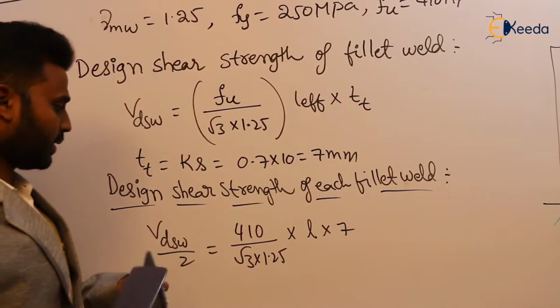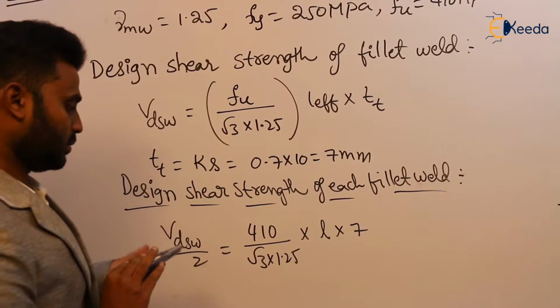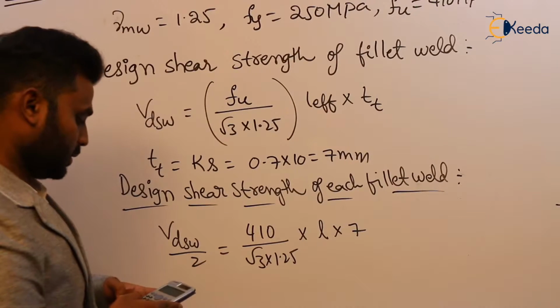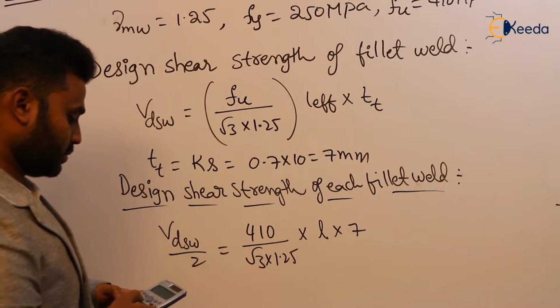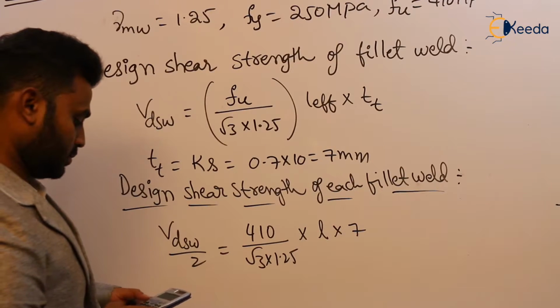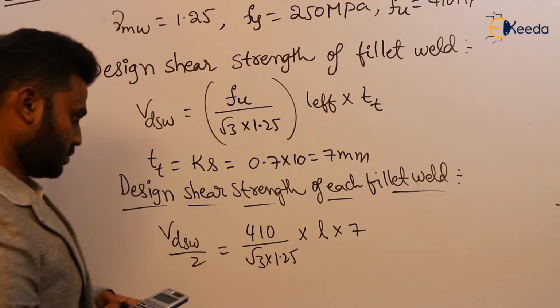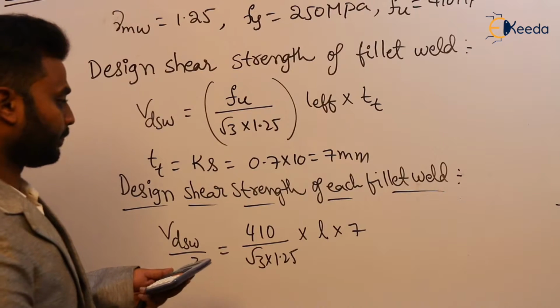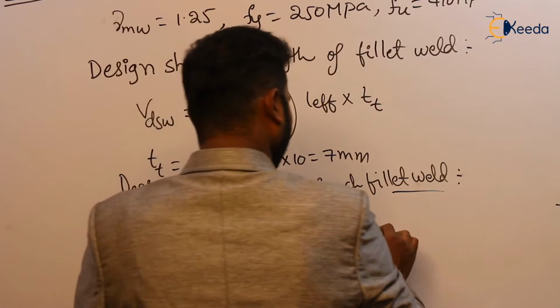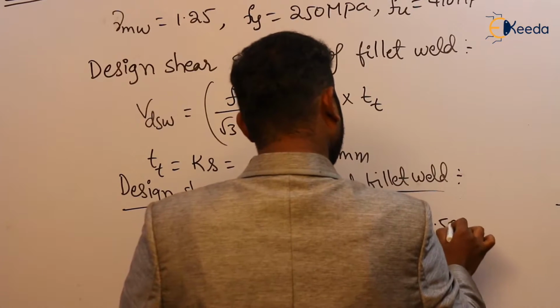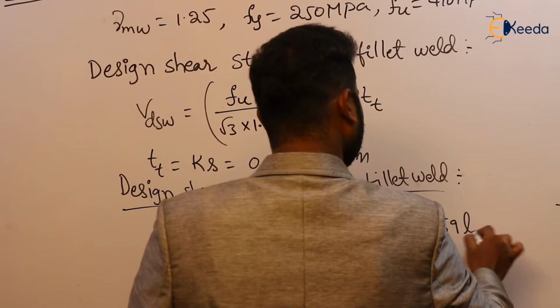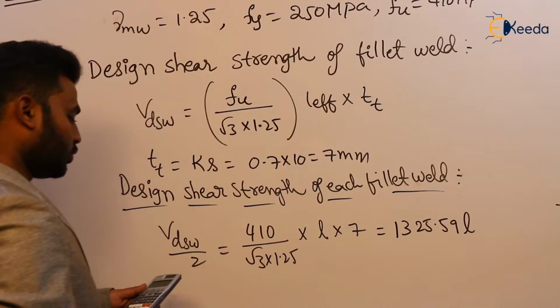Upon simplifying, use calculator for simplifying it. So it is 1325.59 L. Agree? 1325.59 L.